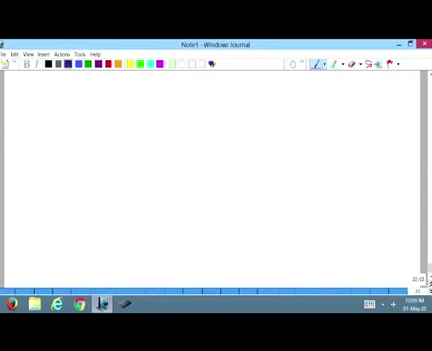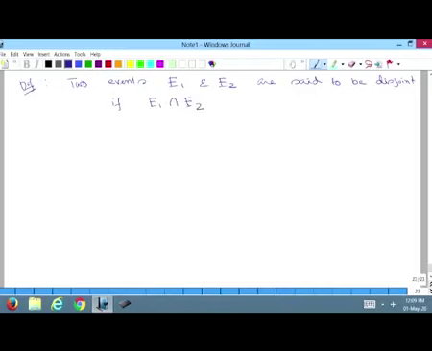Some other definitions: two events E1 and E2 are said to be disjoint if E1 intersection E2 is equal to phi, or the empty set.